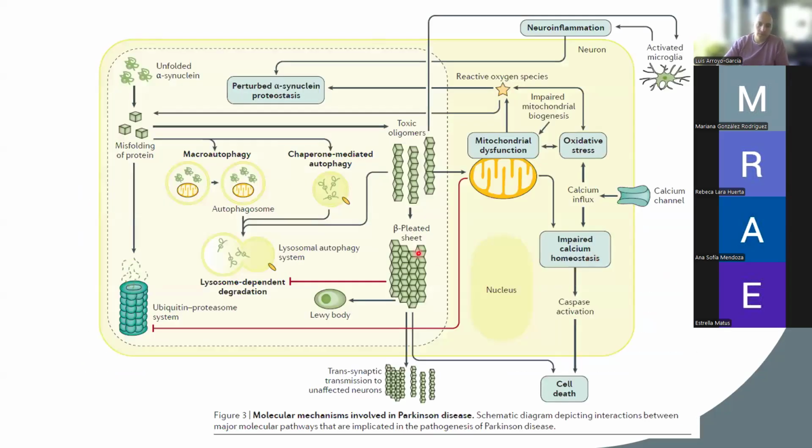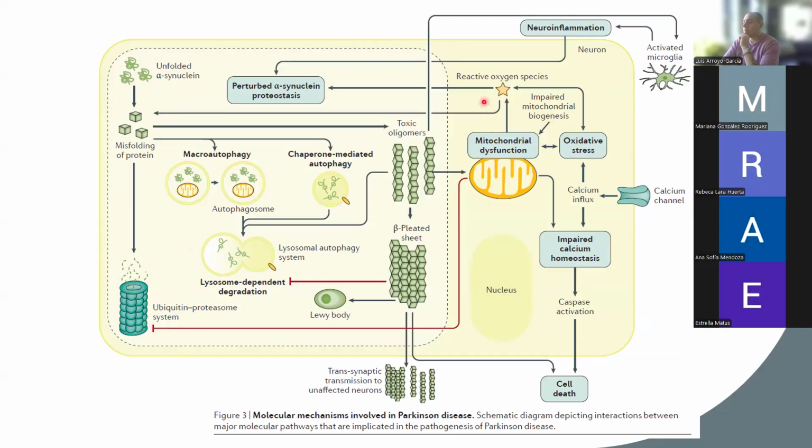And this is, for example, what happens with mitochondrial dysfunction. When we have unfolded alpha-synuclein, it is categorized as a misfolded protein that will come to the ubiquitin proteasome system to release the amino acids.